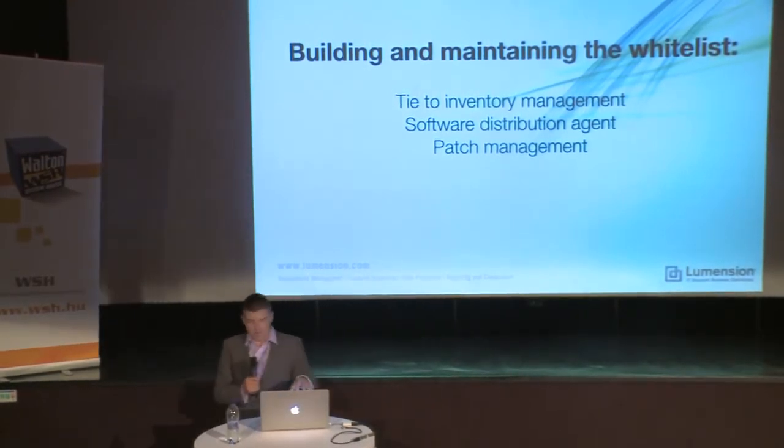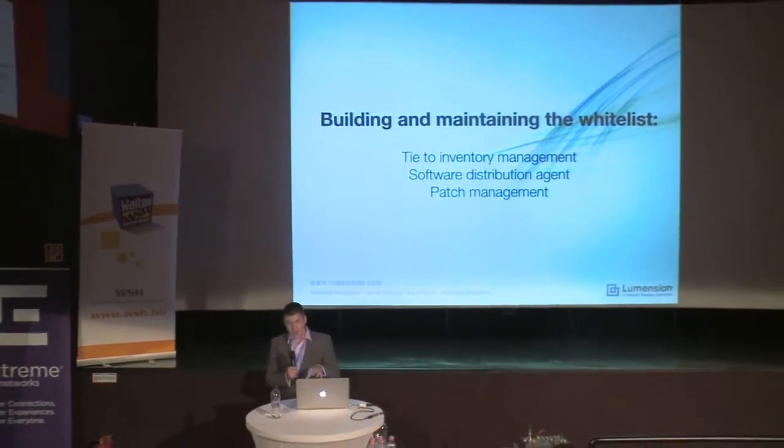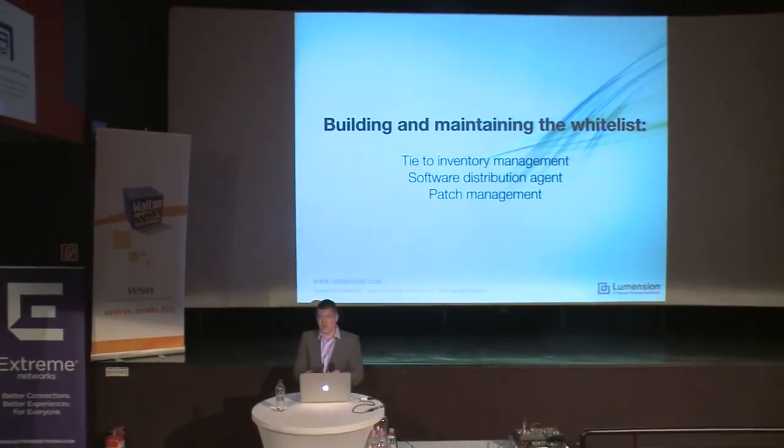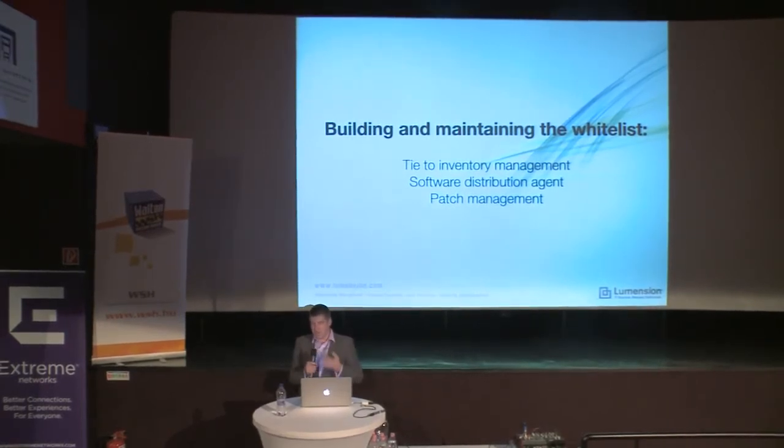An endpoint nowadays is the weakest link in your infrastructure. It's the place where people, with the help of technology, work with sensitive information. So in order to start with the whitelisting approach, you have to build an inventory, and you have to understand what you have, how your computers are configured.